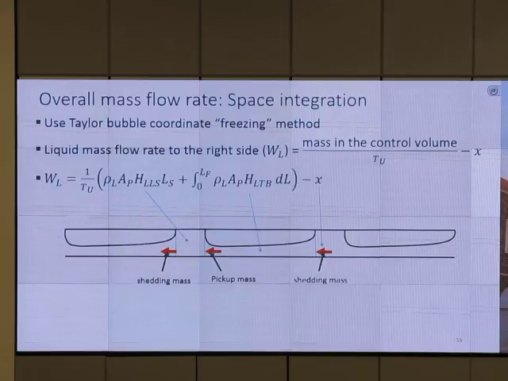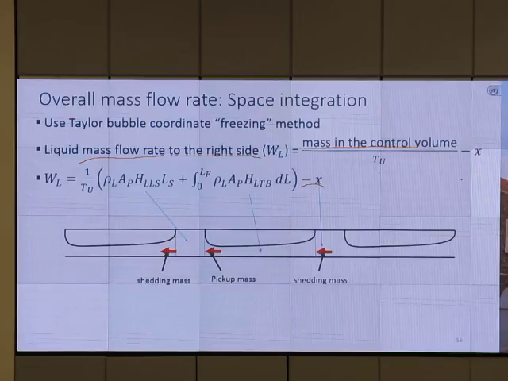It moves inside. When we move 1 slug unit, the particle inside doesn't move 1 slug unit, it moves less. So the total mass is not total volume multiplied by density divided by time. It's not just that. You have to minus shedding. Okay? Put here liquid mass flow rate to the right side equal to mass in the control volume divided by TU minus X. Clear enough?